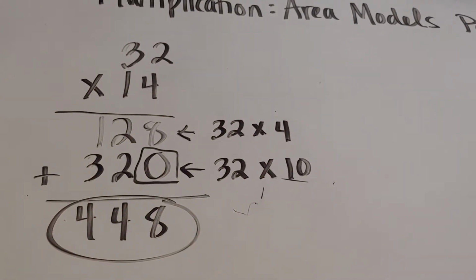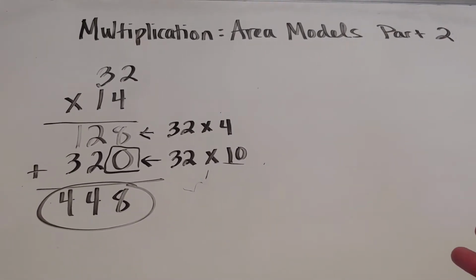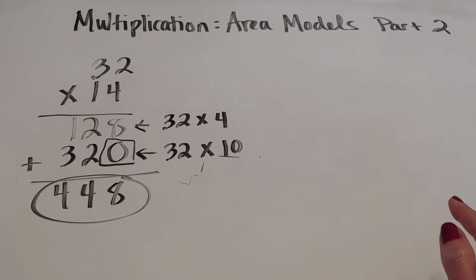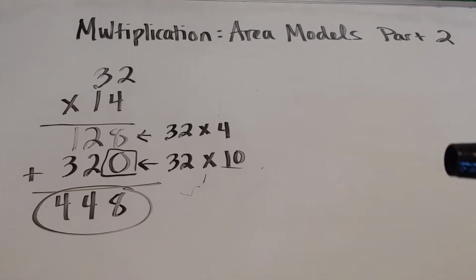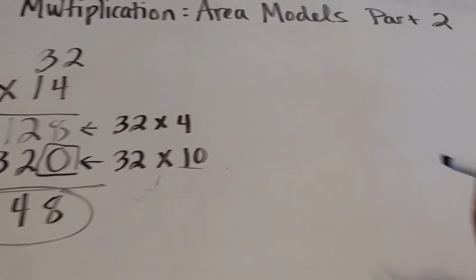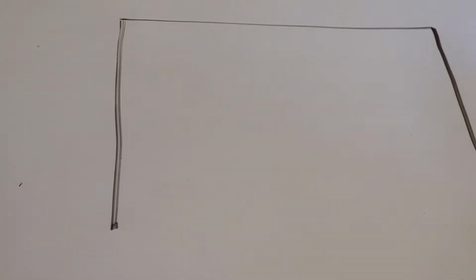All right, now, how Common Core builds this concept is by using area models. We're going to use a 4-square area model, and then I'm going to show you how it changes to make it go back over here. I'm going to draw a large rectangle, not our little skinny tape diagram.